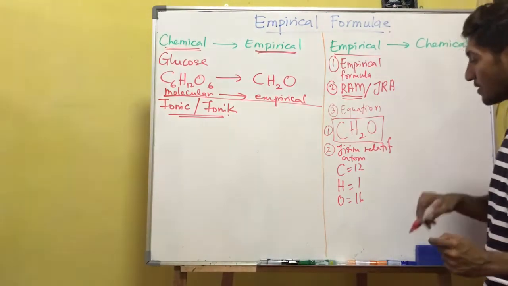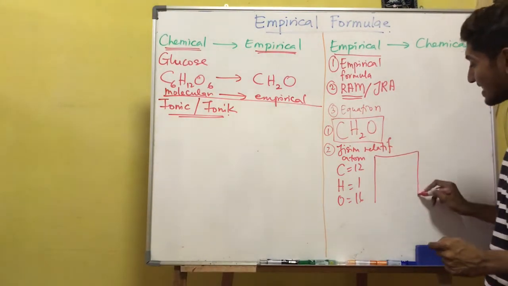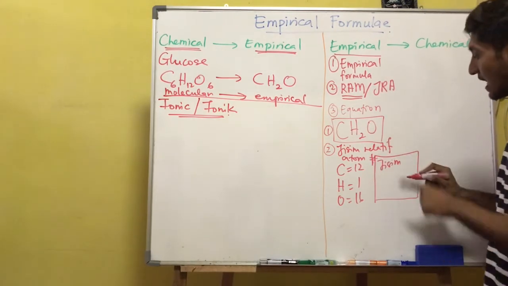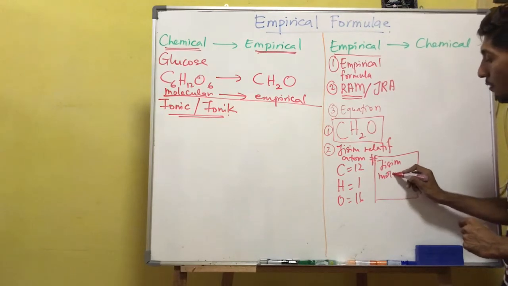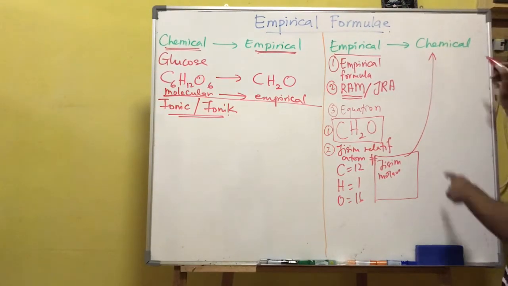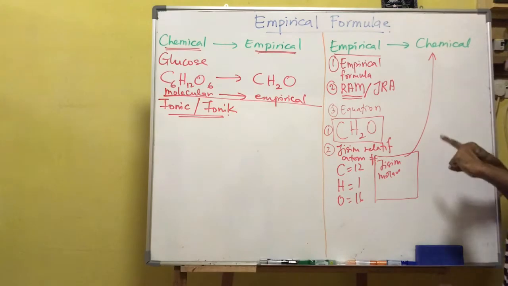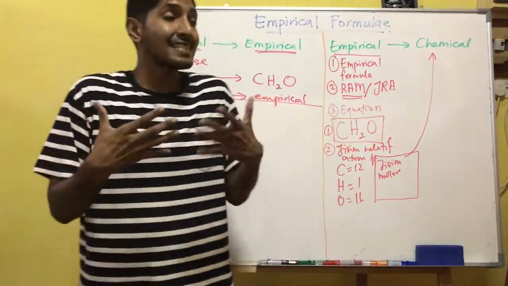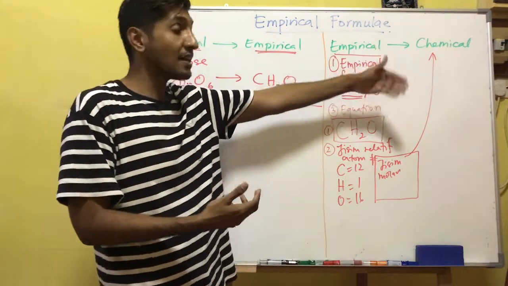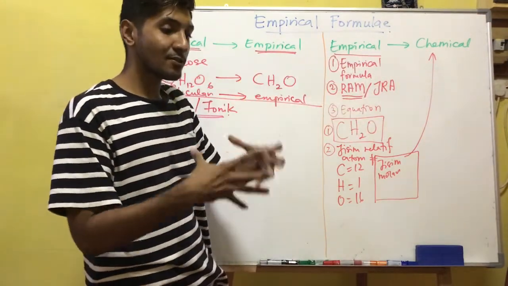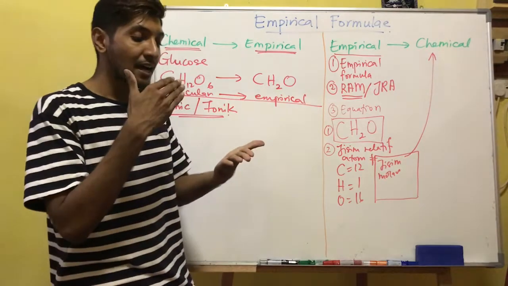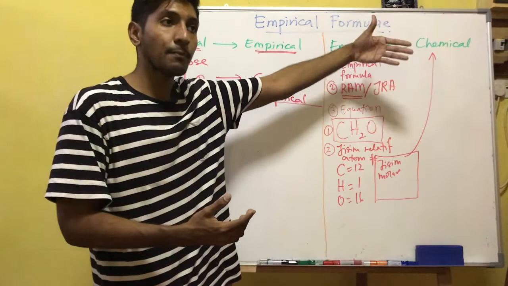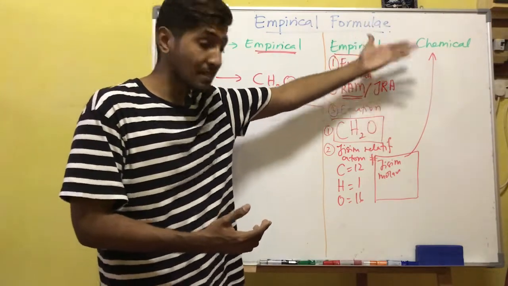Dan dia pun kena bagi apakah jisim, ini yang special, ini yang paling penting. Apakah jisim molar chemical tersebut? Maksudnya sekarang kita dah bincang, we already know that the empirical formula is a simplified version of the chemical formula, right? So the empirical formula is the one that shows the simplest ratio ataupun nisbah yang termudah untuk chemical formula ataupun formula kimia yang sebenar.